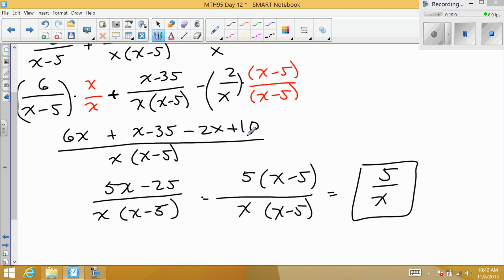Subtract 35 plus 10 gave me a subtract 25. All over the LCD, x times x subtract 5. At the 5x and 25, I saw I could factor out a 5, which left behind an x subtract 5. And then I see that I had a common factor that I could cancel out for my final result of 5 over x. Did you make it?